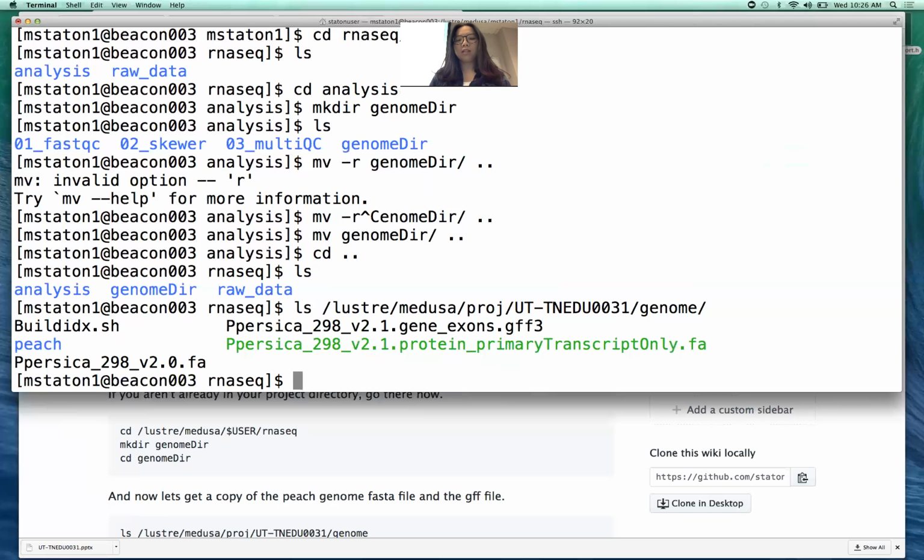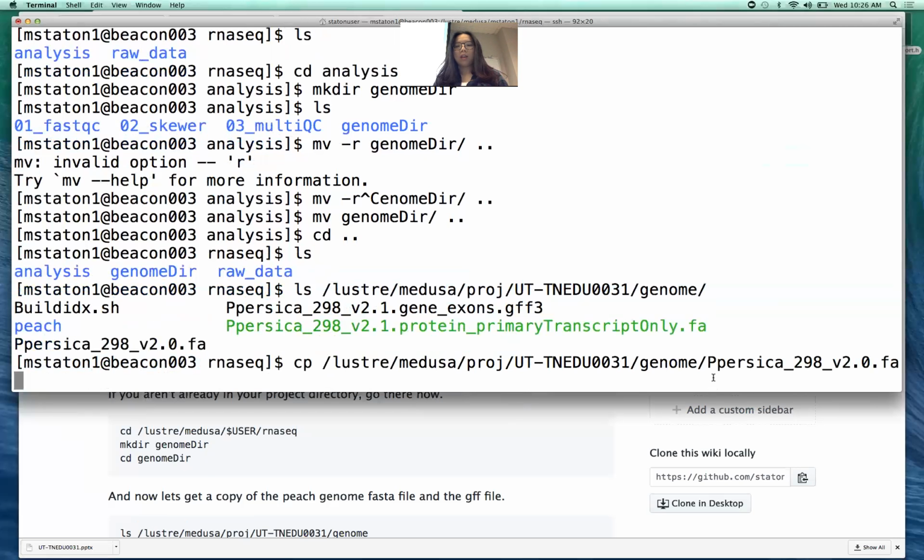All right, so let's do cp, and copy the whole path and the FASTA file. So copy the FASTA file into our RNA-seq genome directory.